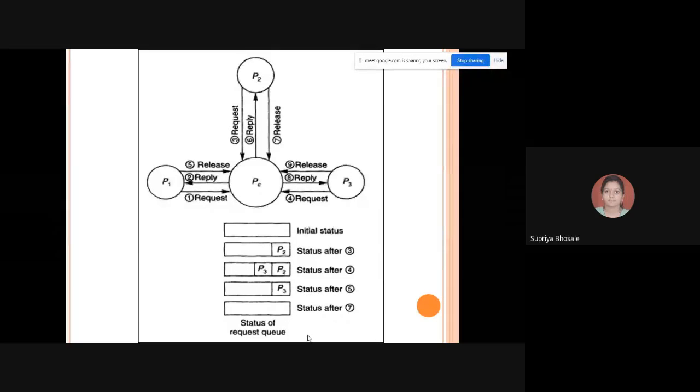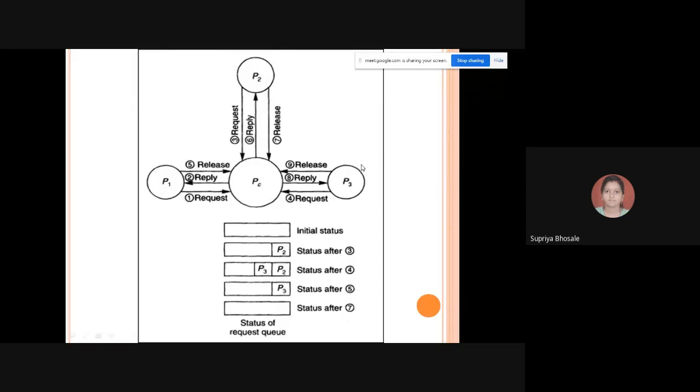So here this is PC, this is P1, P2 and P3. Let us suppose that there is a coordinator process. PC is the coordinator process, and three other processes, that is P1, P2 and P3.